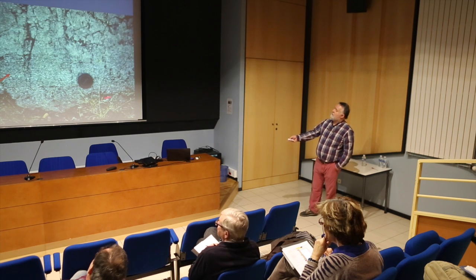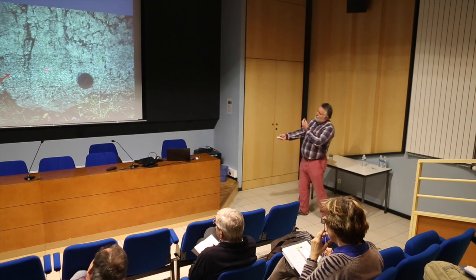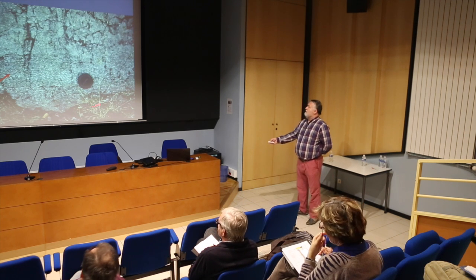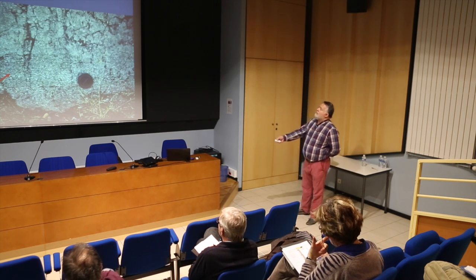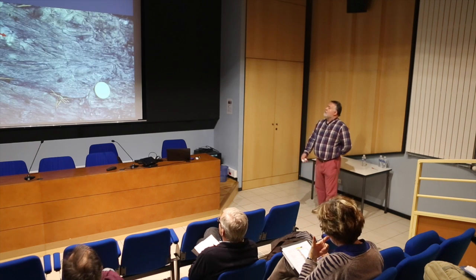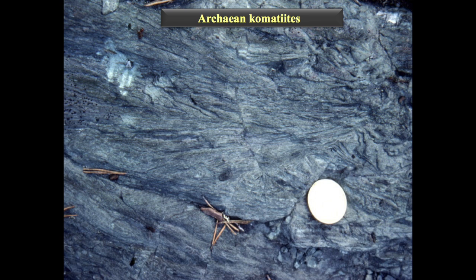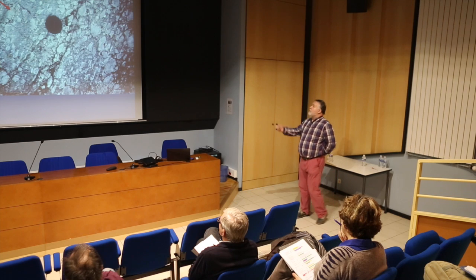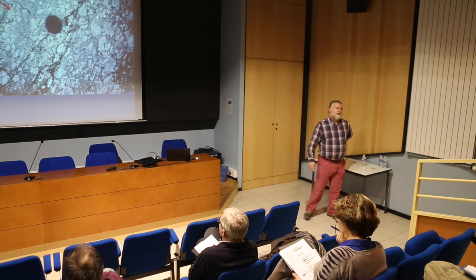So these rocks with grain structures or texture is a cumulate. In upper level, we can find Spinifex texture with olivine needles, just like here. So here, a microscopic view of these needles. And as everywhere in the world, at the top of the lava flow, we have some breccia.